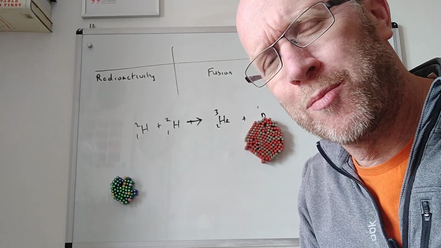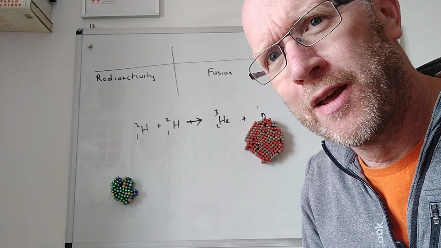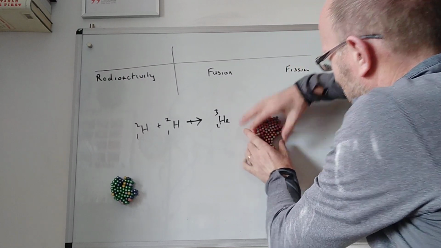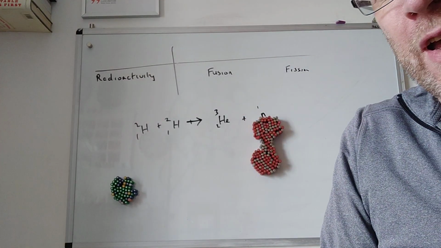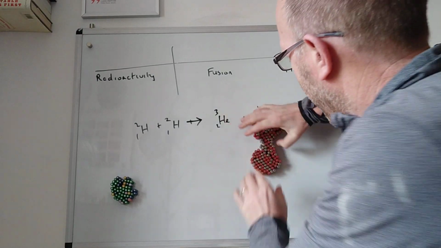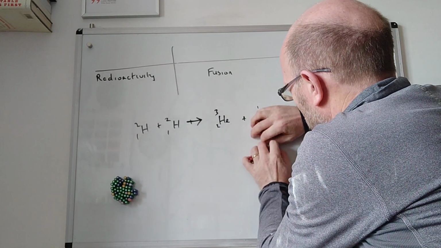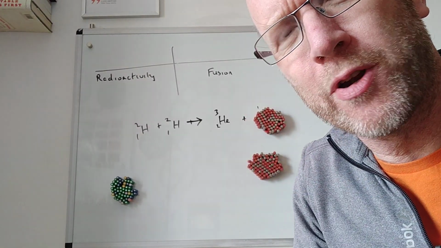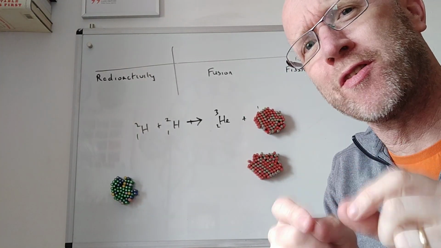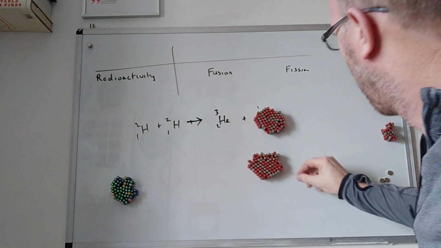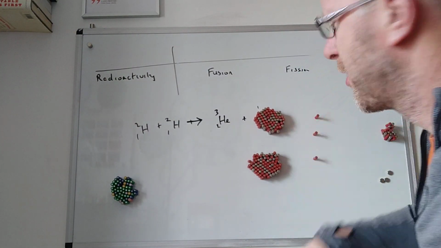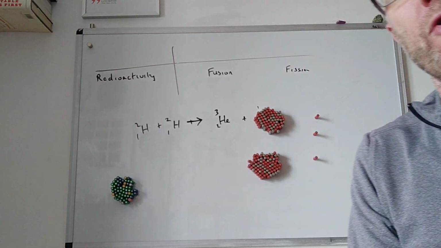The nucleus becomes unstable, becomes that shape, and eventually splits into two similar size nuclei, not a big one and a small one. That's important. Also emitted will be 2 or 3 neutrons, depending.